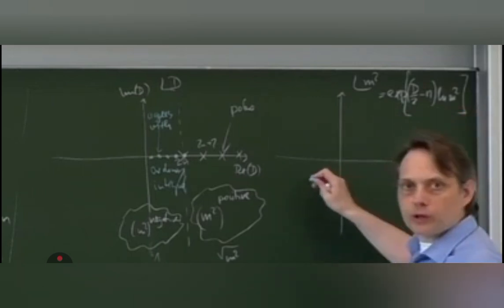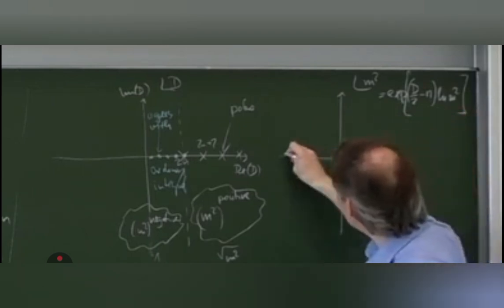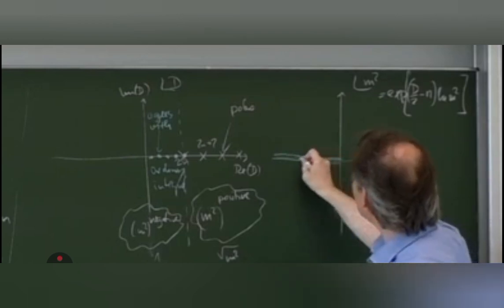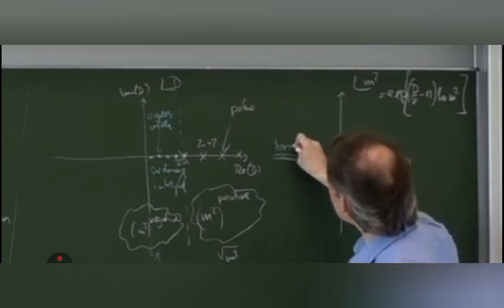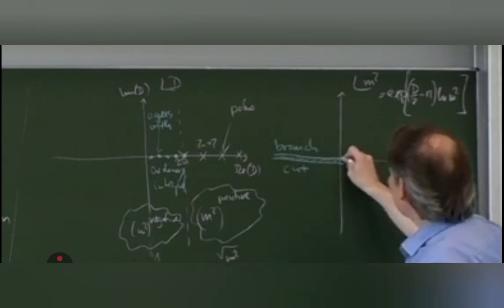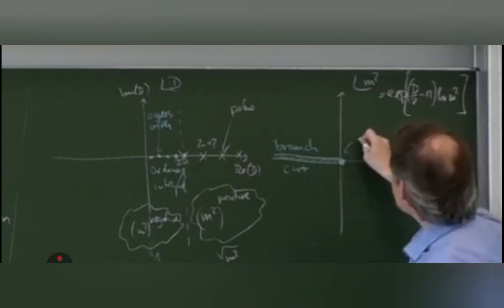And then in the complex plane, as a function of m square, they have a branch cut. For negative values, they are undefined. So there is a branch cut here. And here at the origin, there is a branch point.